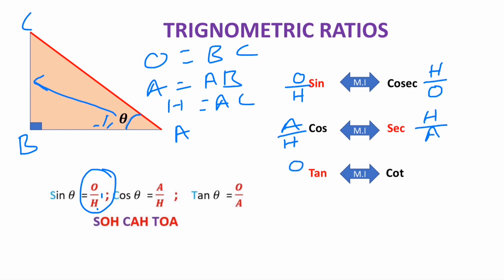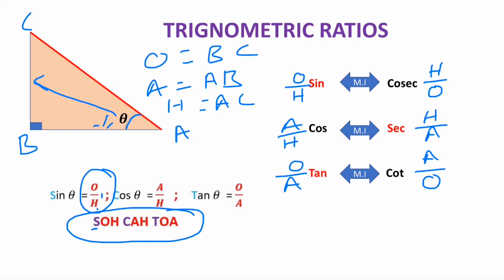Tan theta is opposite by adjacent, so cot theta will be adjacent by opposite. To remember this, we can remember the word SOHCAHTOA, which makes it very easy. S represents sine and OH is opposite by hypotenuse. C is cos and AH is adjacent by hypotenuse. T is tan and OA is opposite by adjacent.